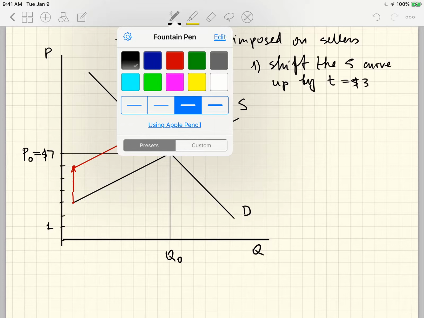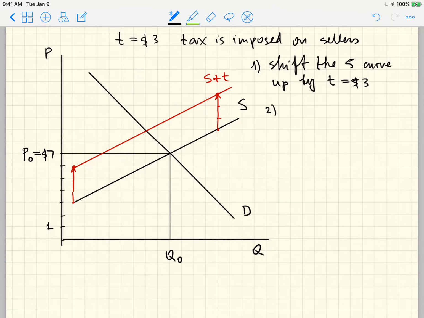Next step, step number 2, is to find the new equilibrium, which is pretty easy to do.